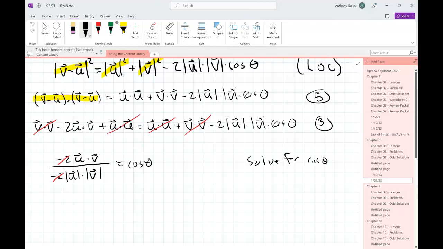I have that. So the cosine theta is the dot product of u and v divided by the magnitude of u times the magnitude of v. Little surprising that the dot product would be related to that.